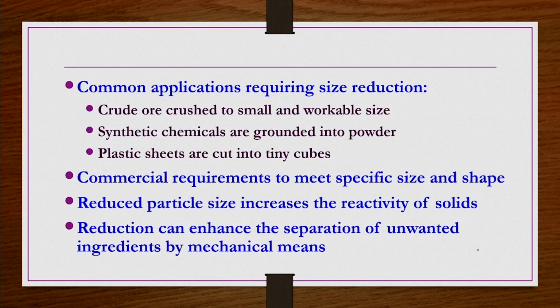Then size reduction can enhance the separation of unwanted ingredients by mechanical means. Sometimes you do the separation based on size. So when you do size reduction, it can be convenient to separate unwanted ingredients from the main reactants or main products, or to separate byproducts from the main products.